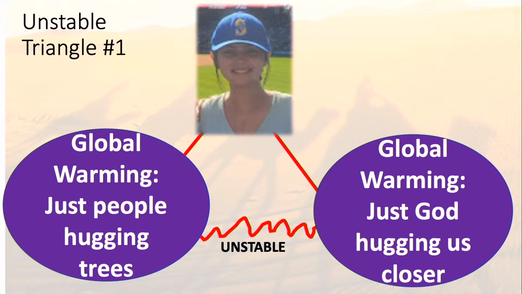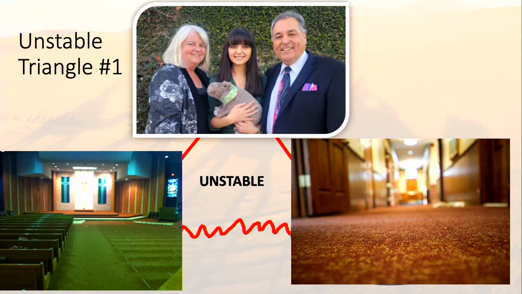So depending on how you see what's happening to our earth, whether global warming is just God hugging us closer, or global warming is just people hugging trees. Depending on how you see this, you may not necessarily get along with the other side, but we have some people who are trying to befriend and minister to both sides. Had a conversation with them before coming about what the color of the carpet was. And they said it's not chartreuse and it is not burnt orange, so we are safe.